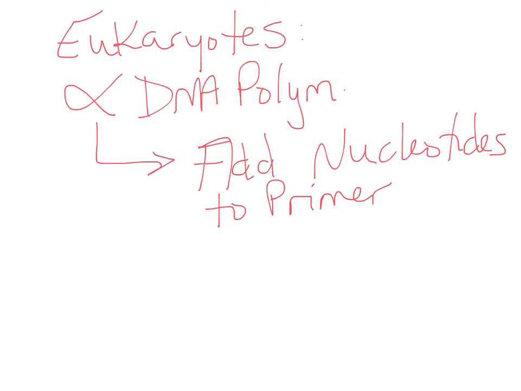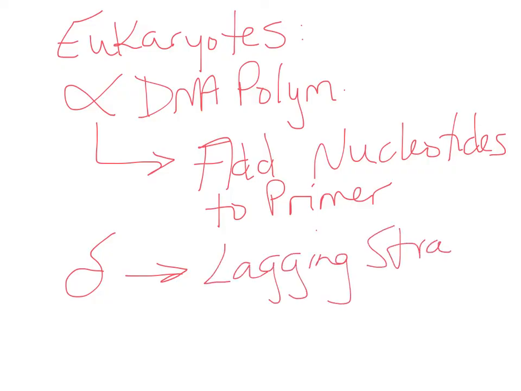So the first one is delta, and this takes over for alpha on the lagging strand. Epsilon will take over for alpha on the leading strand.